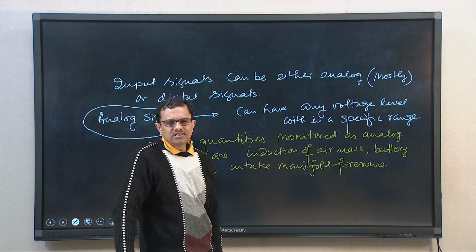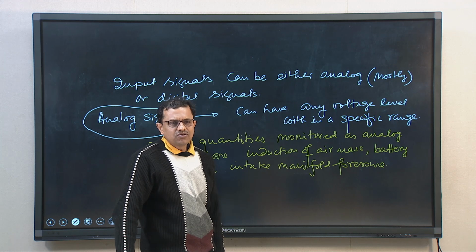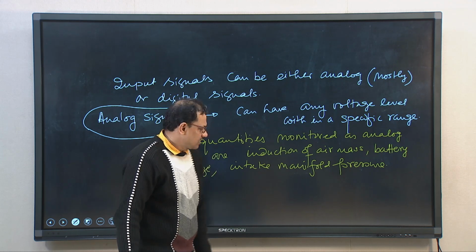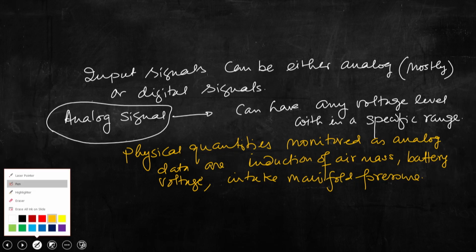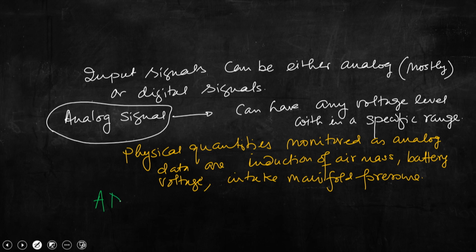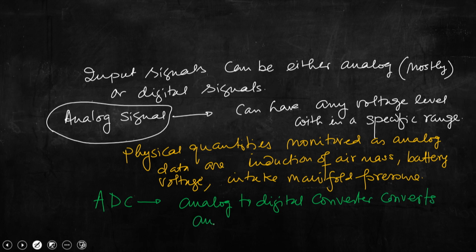So, the analog to digital converter, ADC, converts analog data to digital data.